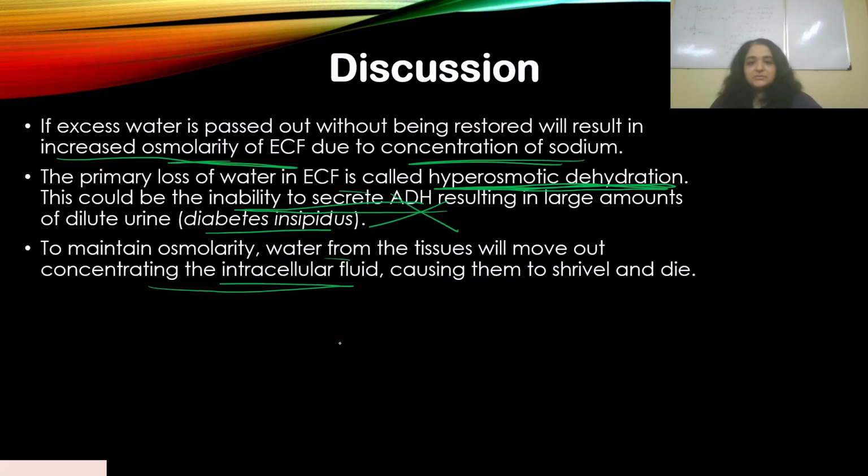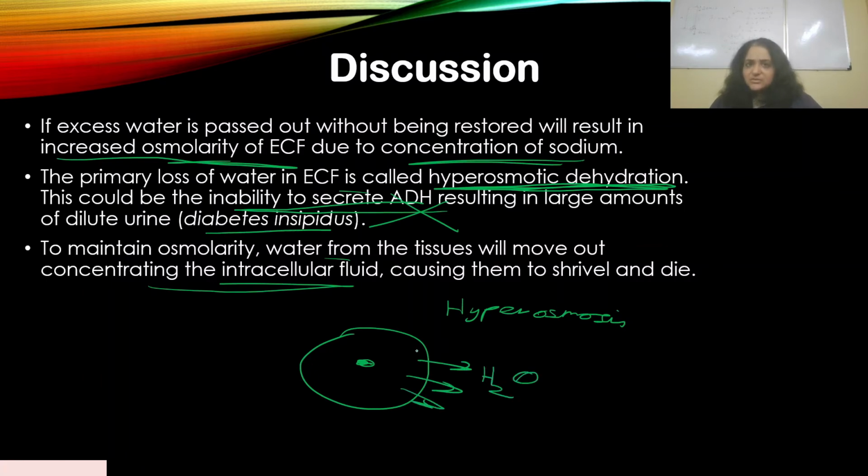So what happens to this cell? It's hyperosmosis. Water will move out. This is basic osmosis, I'm sure you're aware of this. When there's a hyperosmotic environment, water will move out, and this concentrates the intracellular region, and the cells will all shrivel up and die.